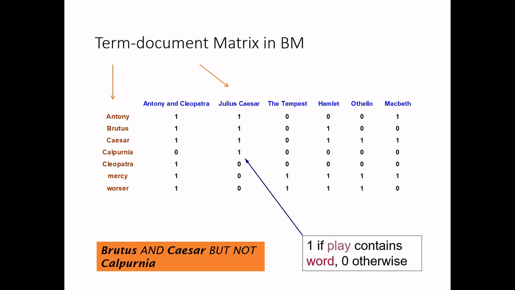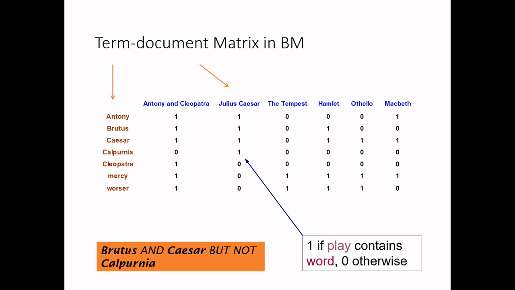What one can do is take this idea of Boolean modeling to create what we call a term document matrix in a Boolean representation of documents. All right. So let us say that we have 1, 2, 3, 4, 5, 6 documents which are listed in blue here.